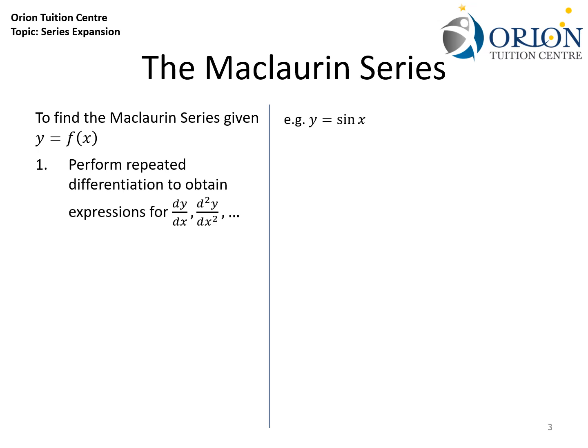So for y equals sine x, dy/dx equals cosine x, d2y/dx squared equals negative sine x, and finally d3y/dx cubed becomes negative cosine x.